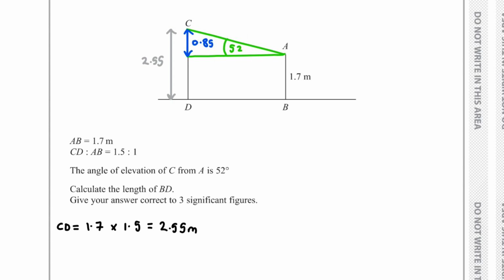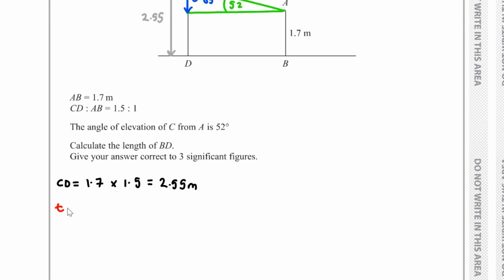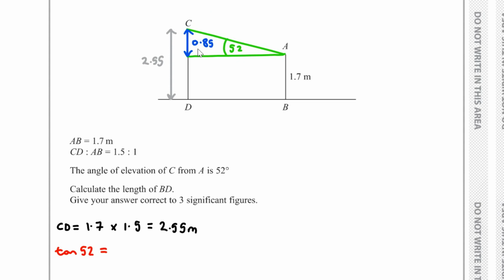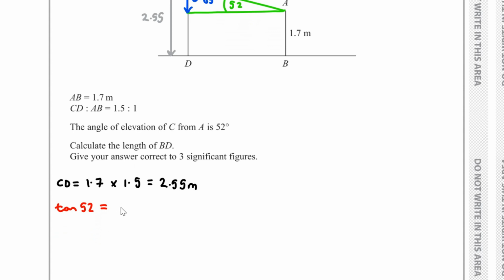If we use trigonometry, we have tan of 52 equaling the opposite, which is 0.85, over the adjacent, which is of course BD. Our job is to find out what BD is.